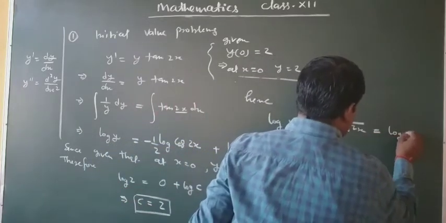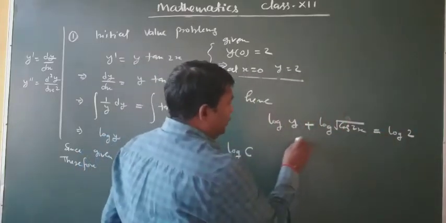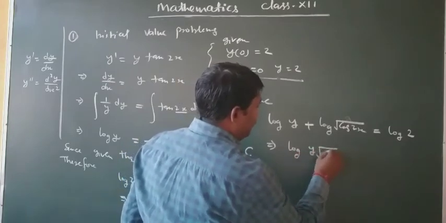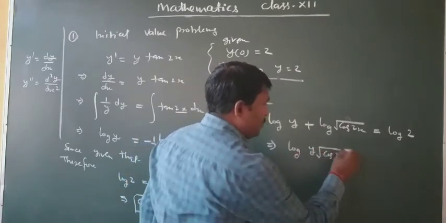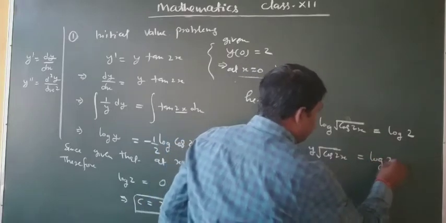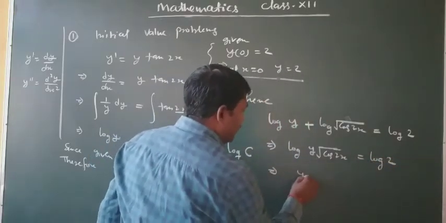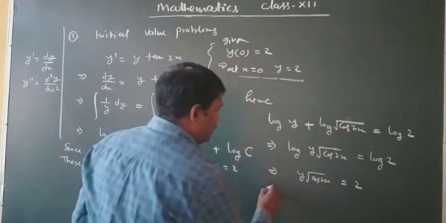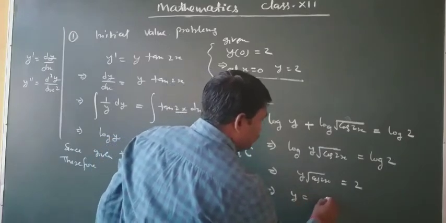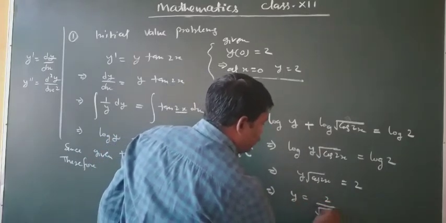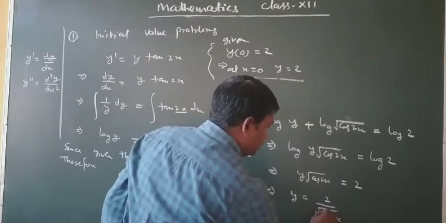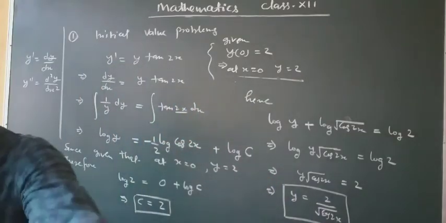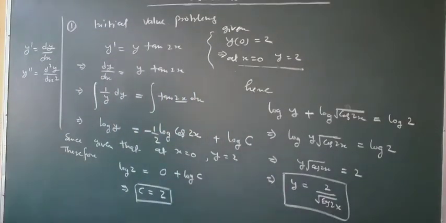From here, log m plus log n is log m into n, so log of y under root cos 2x is equal to log 2. It implies that y under root cos 2x is equal to 2. It implies that y is equal to 2 upon under root cos 2x.